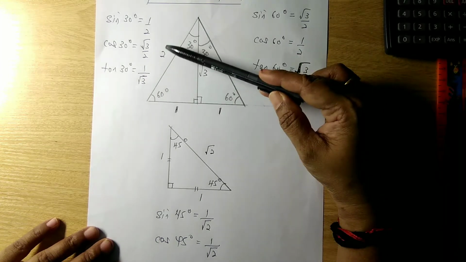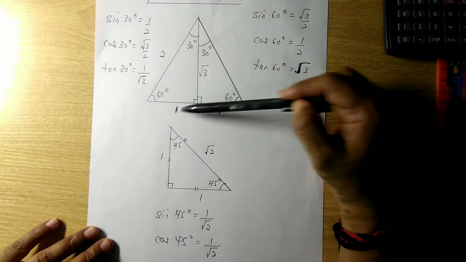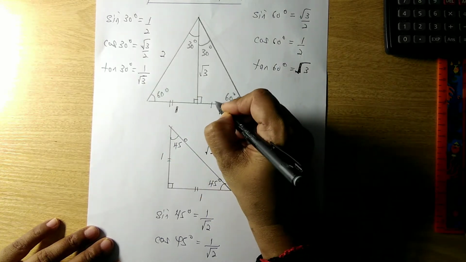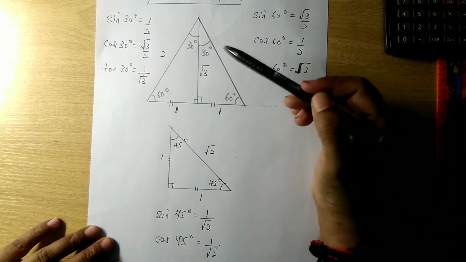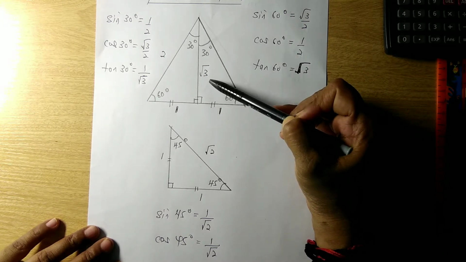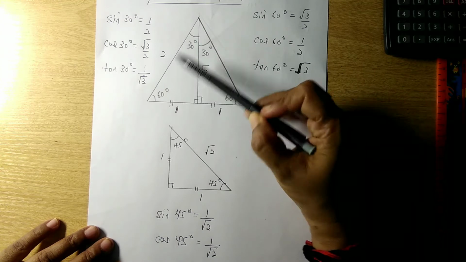If the side is 2 units, the base splits into 1 and 1. Using the Pythagoras rule, the height becomes square root of 3. This is 30 degrees, this is 60, and this is a right angle.